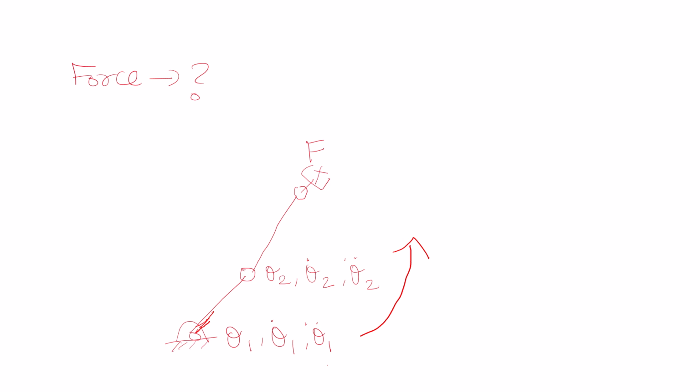The external forces acting at the end effector will be moving in this direction, backwards. So the objective is to find the various forces acting on the system when the manipulator is moving and to find the torques acting at the joints. A time varying torque represented as tau will be applied at the joints to balance out the internal and the external forces. So what are the internal forces?